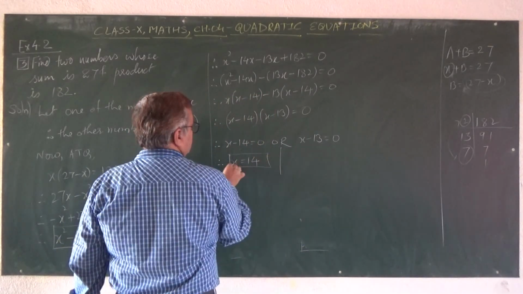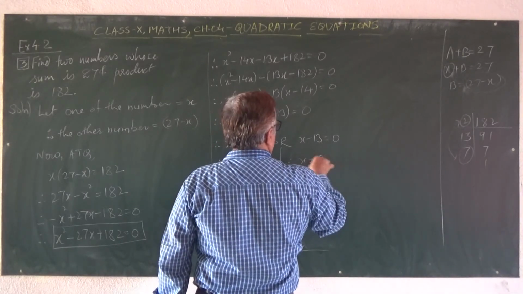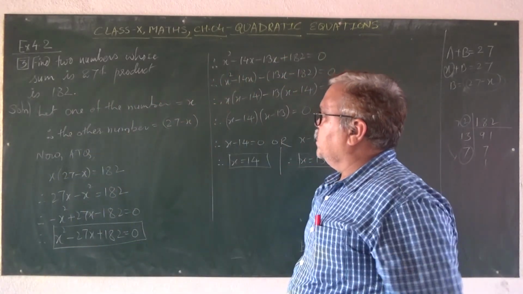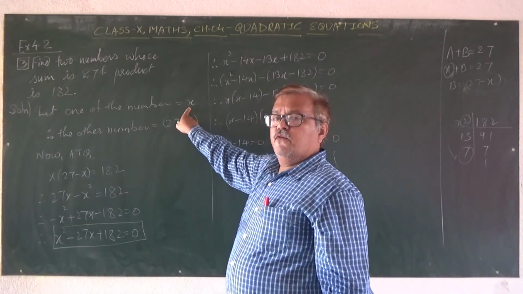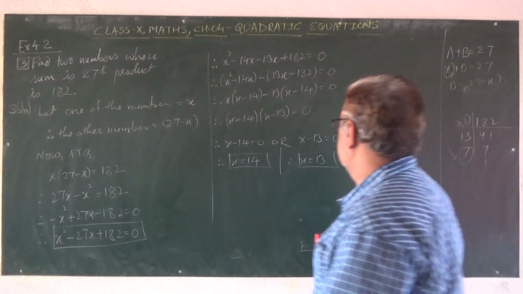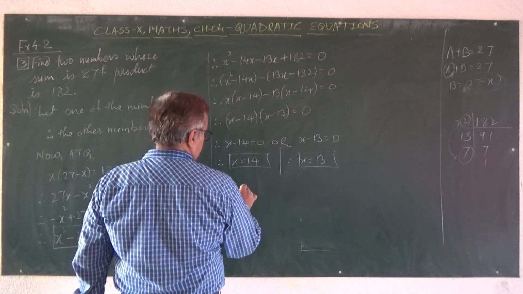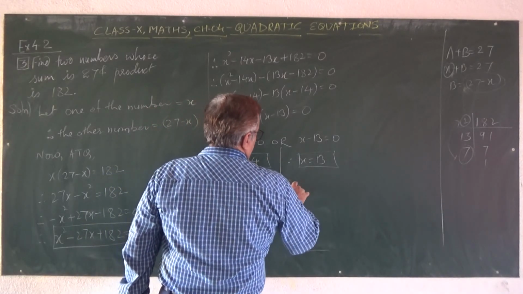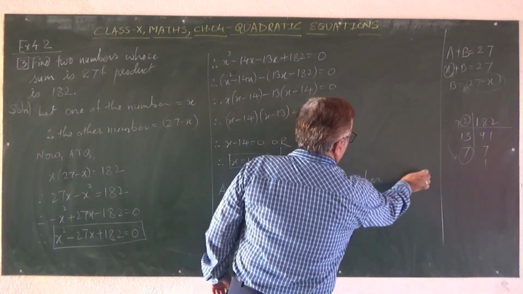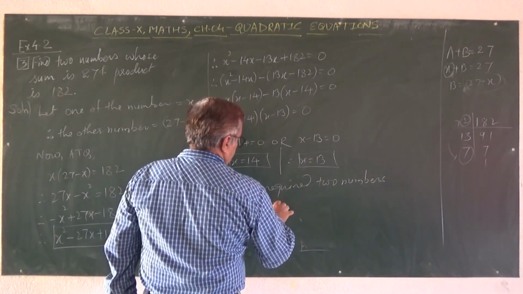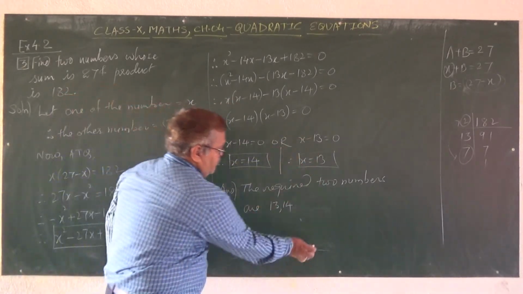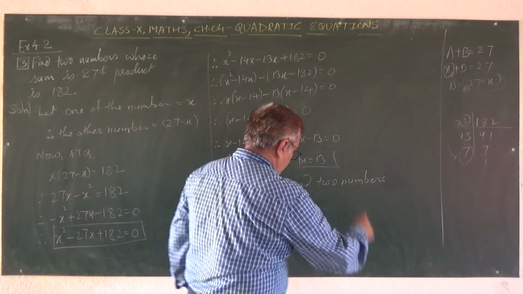So x is equal to 14 and x is equal to 13, so your two numbers are 13 and 14. If you take one number as 13, then 27 minus 13 will be 14, if you take 14 then 27 minus 14 will be 13. Okay, so the required two numbers are, so the answer: the required two numbers are 13 comma 14, or you can write 14 comma 13, vice versa. Okay, hope you have understood this.